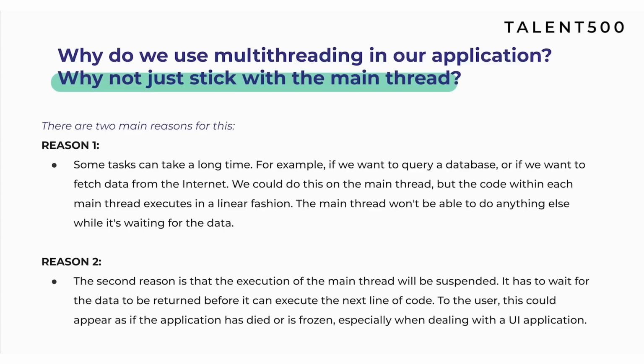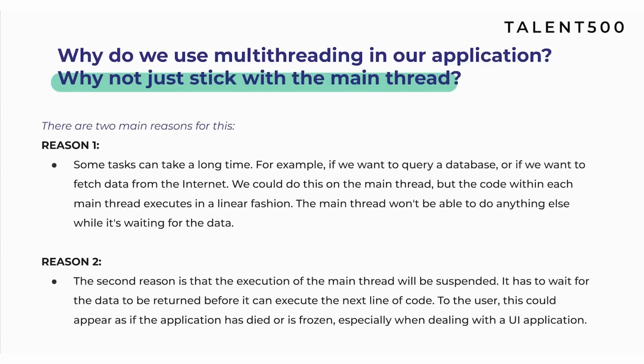Now this is the first reason. Secondly, while the main thread waits for the database query to complete or the data from the internet to be fetched, if you are running that code in a UI application, from the user's perspective, the application seems to be stuck or dead or frozen or hanged. That will give a very bad experience to the user, as the main thread executes each and every line in a linear fashion.